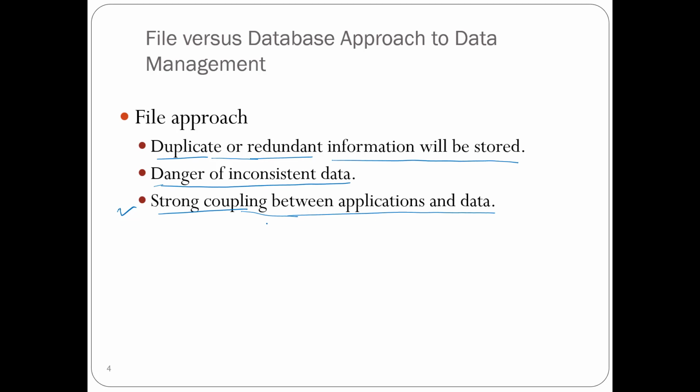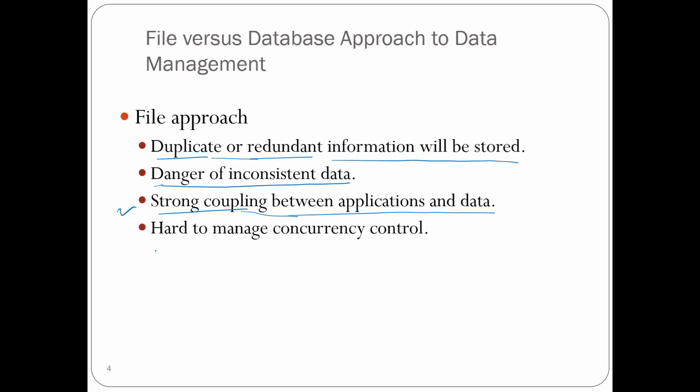That simply means that if you make any change to the data, the way you have structured your file, the way you have stored your data in your file, then that change would result in some change in the implementation of the application as well, because your whole logic behind accessing the data from the file is also written in your application. So there is a tight coupling, or a strong coupling you may call, between the application and the data. Data is in your file.